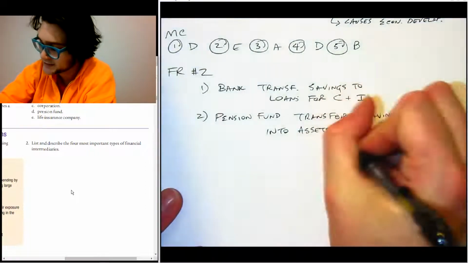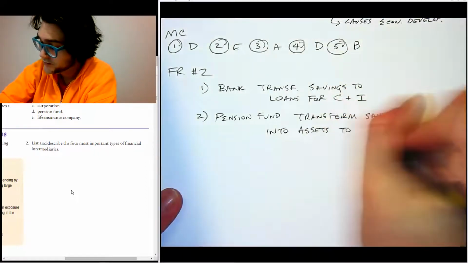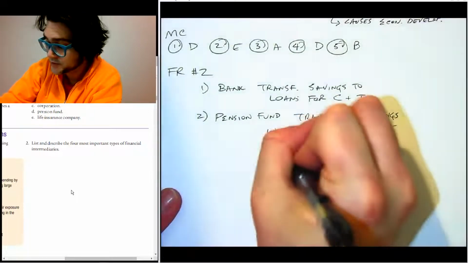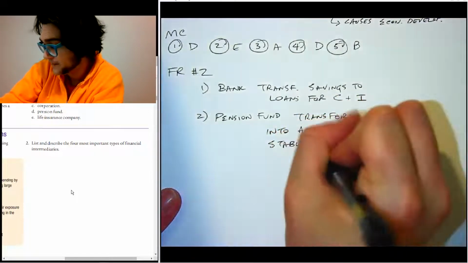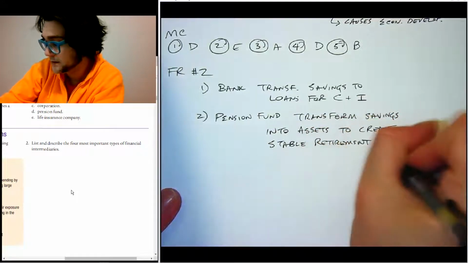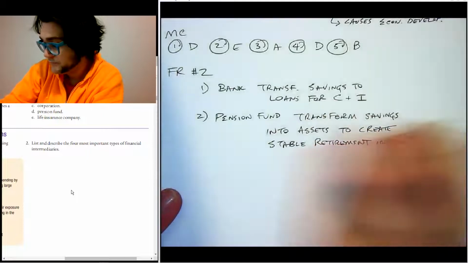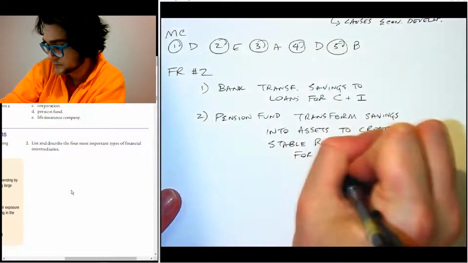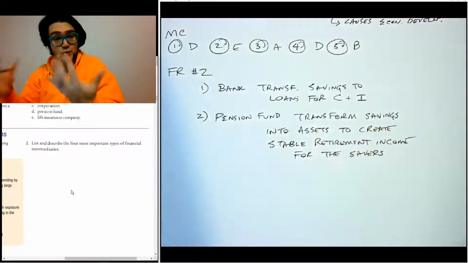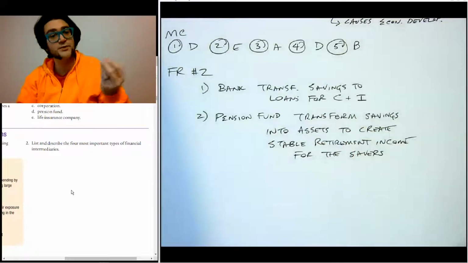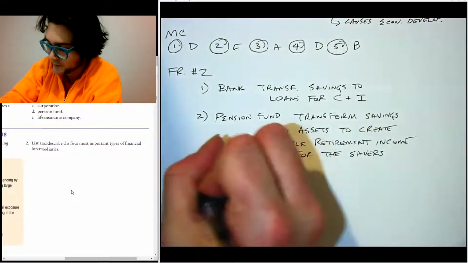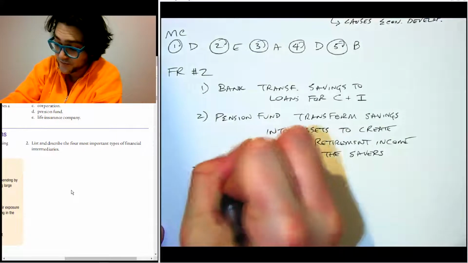Transform savings into assets to create stable retirement income. Retirement income. That's what they do for the savers. So the benefit if you join a pension fund is that you're transforming your current savings into some future retirement income stream. Third would be a mutual fund.